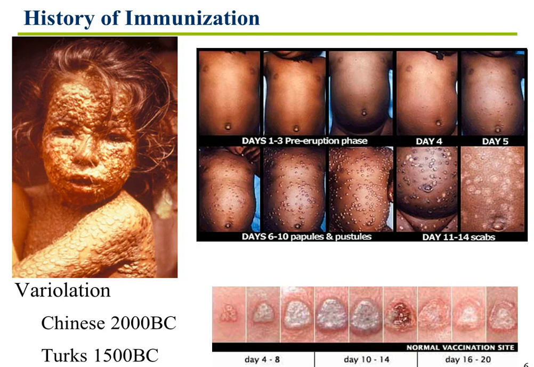So this goes back through Chinese history, 2000 BC. The disease that they were vaccinating against was actually smallpox. Again, these are the pictures that you see, particularly the little girl on the left.